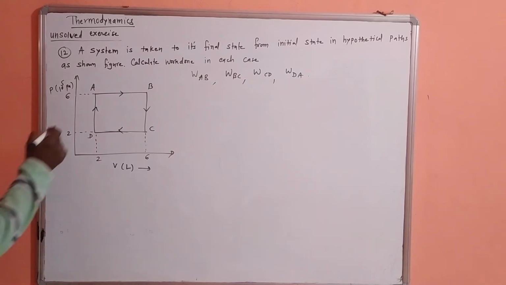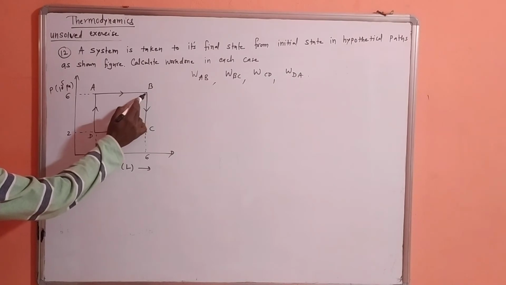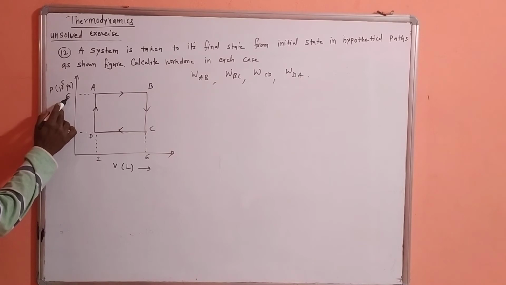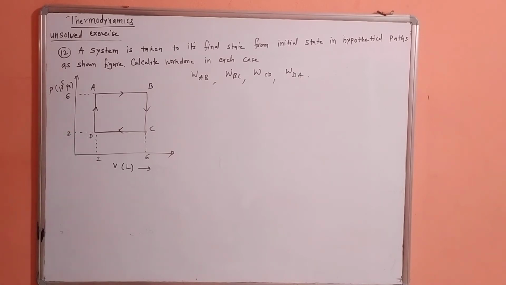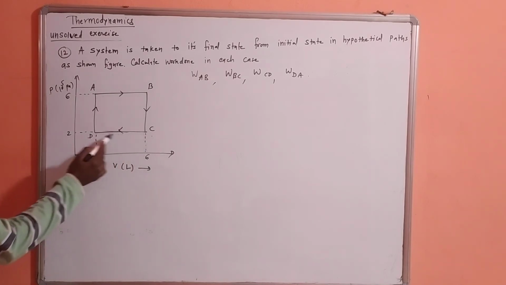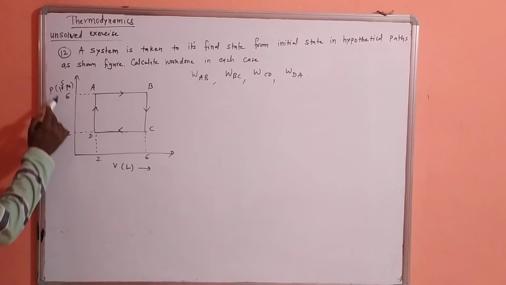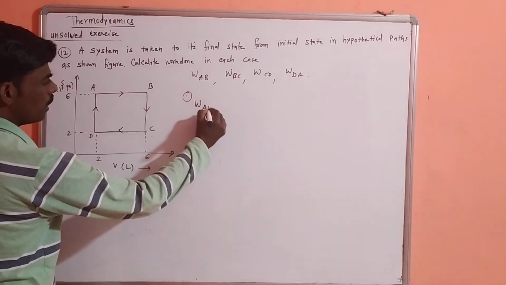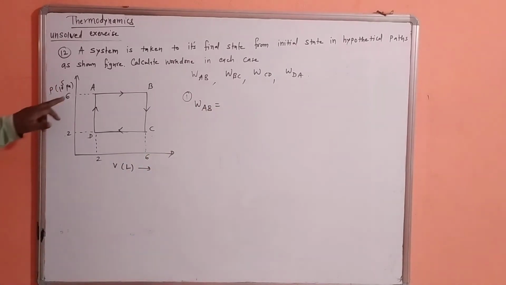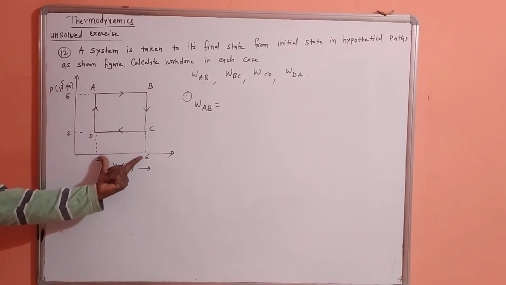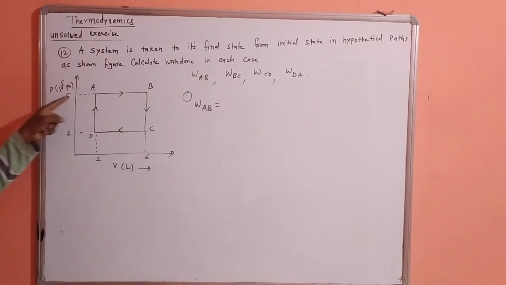So remember here, for AB, these 2 points are at the same pressure, 6 into 10 raised to power 5 Pascal. Then for CD, these 2 points are also at constant pressure, 2 into 10 raised to power 5. To find the work along path AB, there is a change in volume at constant pressure, 6 into 10 raised to power 5 Pascal.